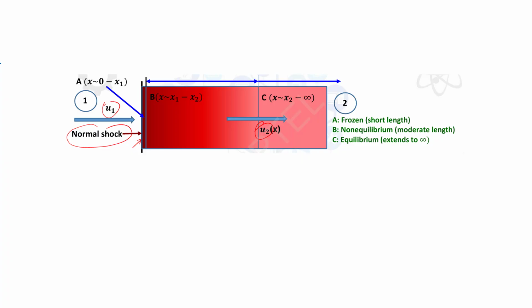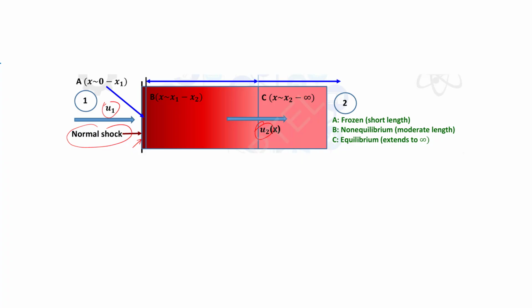But after that, due to the high temperature, collisions will happen and some of the energy will go to the vibrational mode of the molecule. So its vibrational energy will increase, and due to the collisions, chemical reactions will also happen.